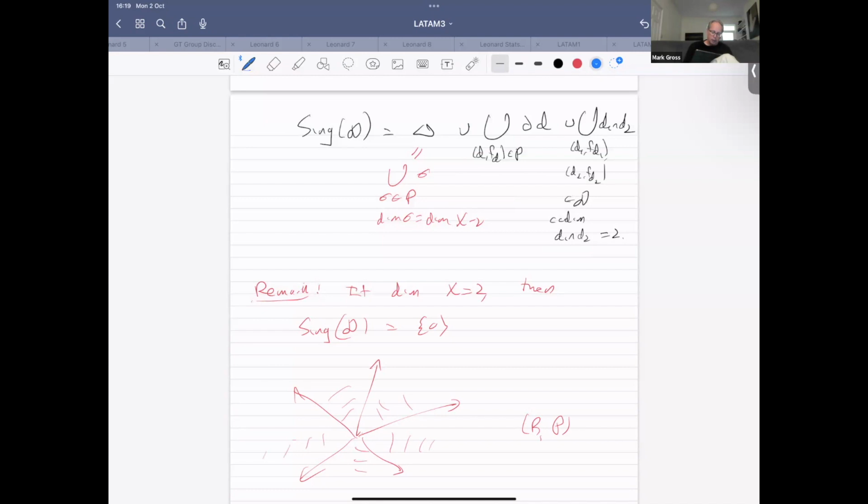And then the wall structure of the scattering diagram will be a union of walls like this. Of course, these walls only intersect at the origin in this case, because they're cones. And so the origin, which was already codimension 2, already lies in here, and hence the only part of the singular locus is the origin. In higher dimensions, it'll be more complicated. That's the support and the singular locus.